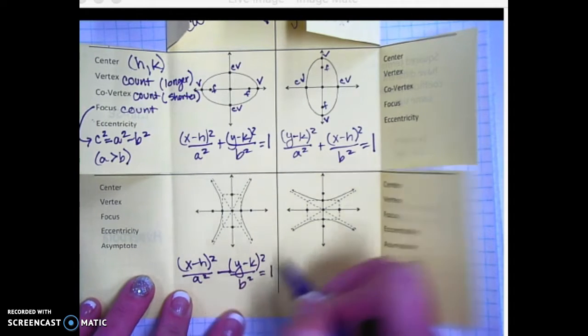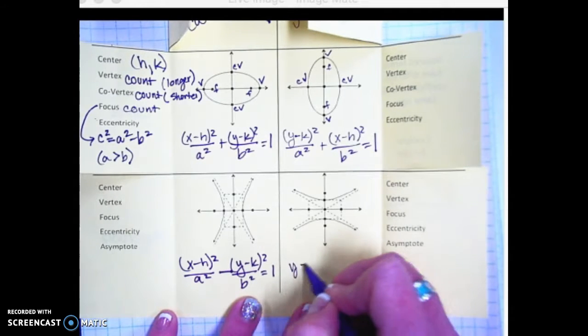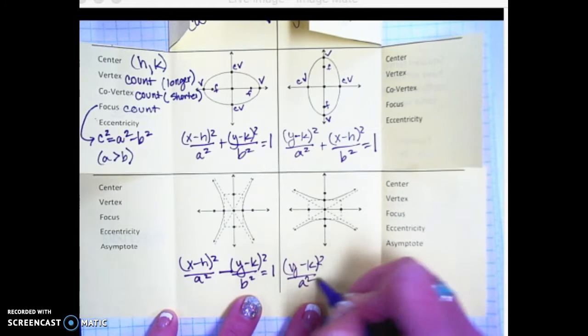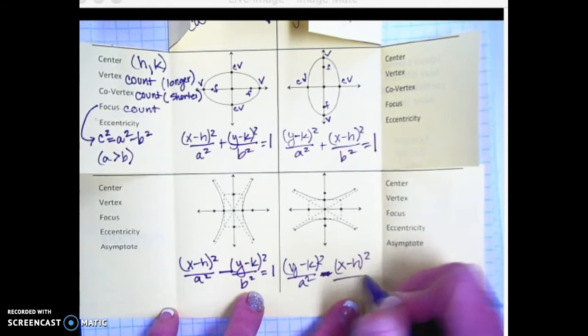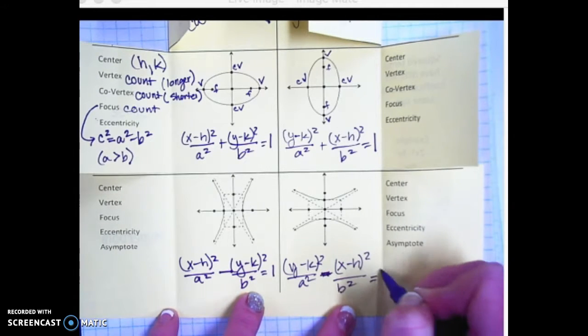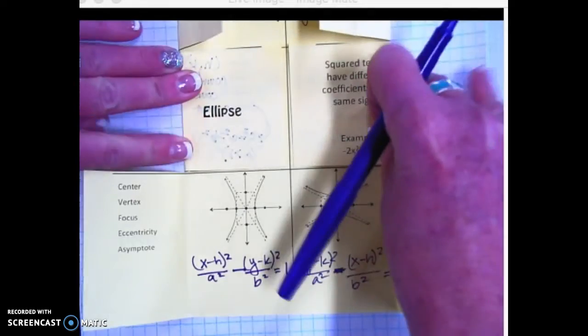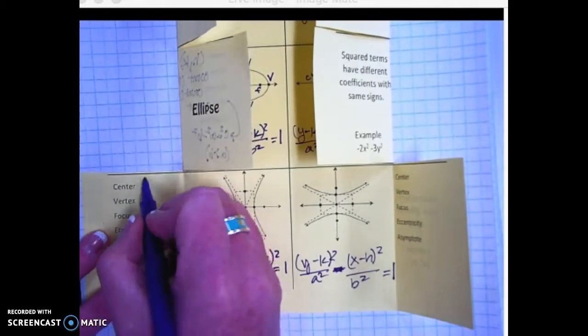Don't forget the equals 1. And then it flips over here too. So y minus k squared over a squared minus x minus h squared over b squared equals 1. And your center is still where? HK.